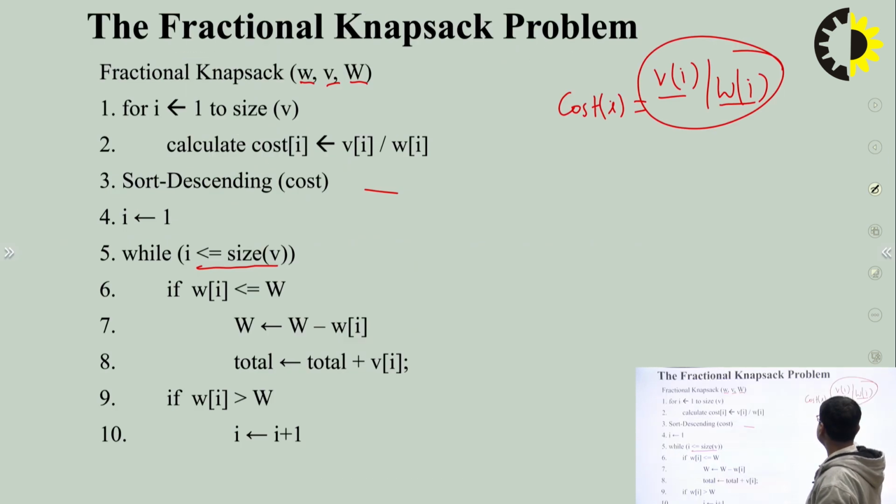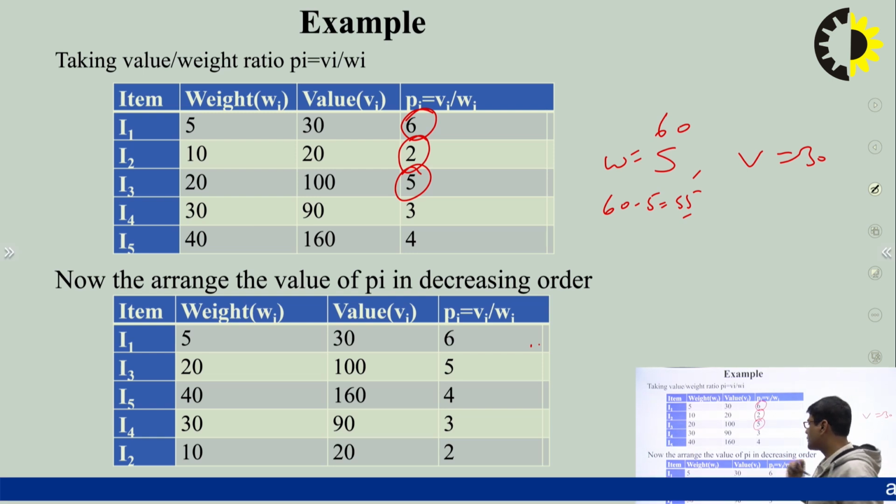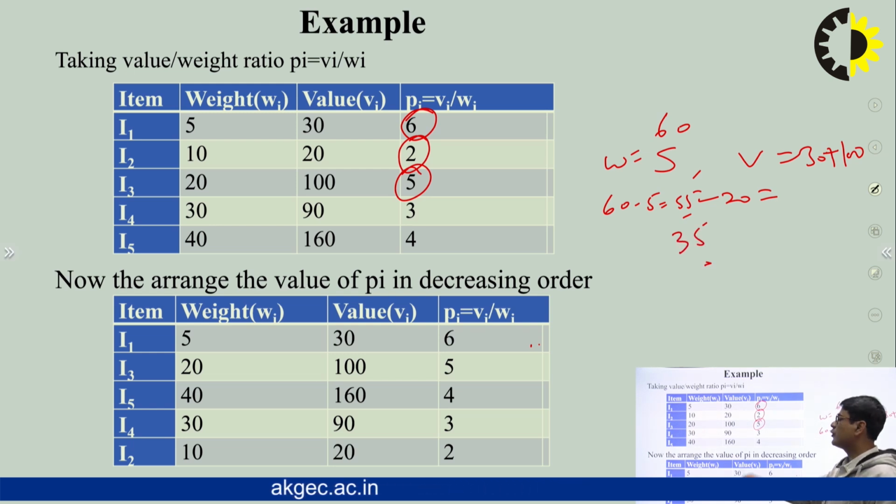Now, what is the capacity of the knapsack? Knapsack capacity equals 60. So firstly, you have to pick 5. So weight equals 5 and value equals 30. Now, the remaining weight is 60 minus 5 equals 55. Now, you have to pick 20. The profit is 100. And if you are taking the 20 items, the left capacity of the knapsack is 35. Now 40 items are there.